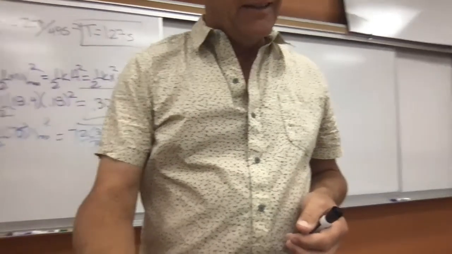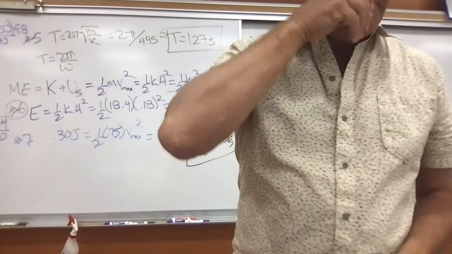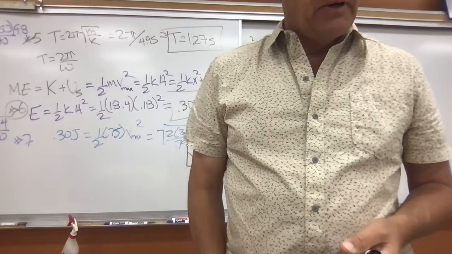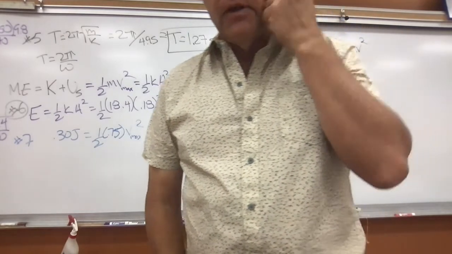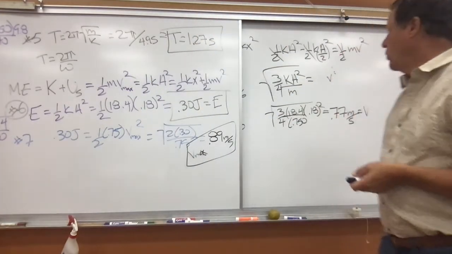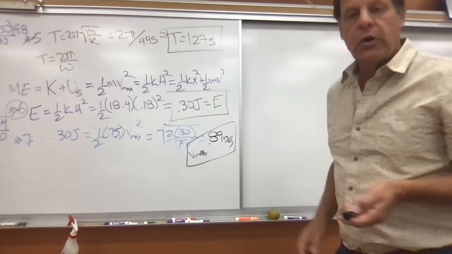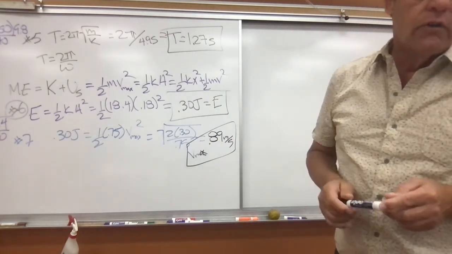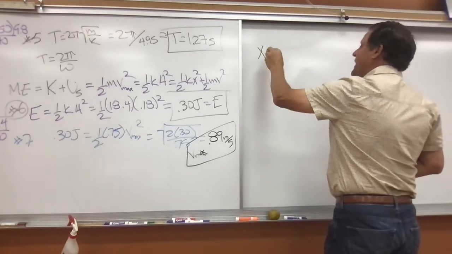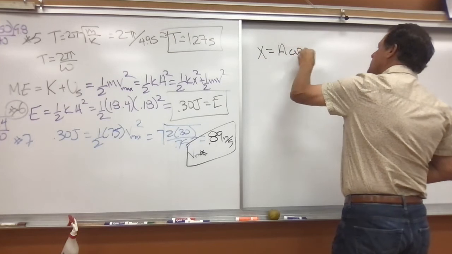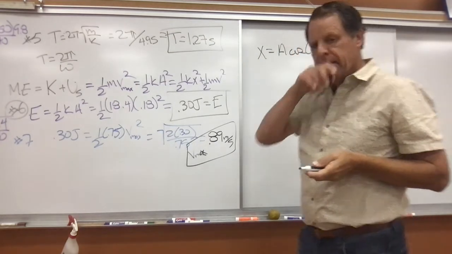All right, now we're going to say, using up as the positive direction, write the equation for the position with respect to time. So we are going to use our standard equation for this with respect to time, which is x is equal to A cosine omega t plus phi.